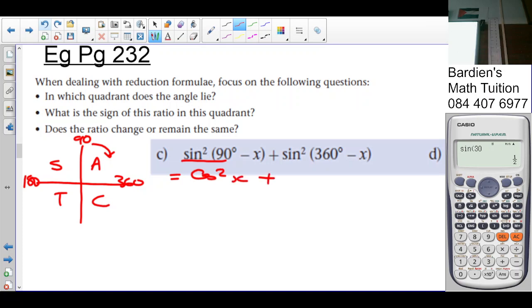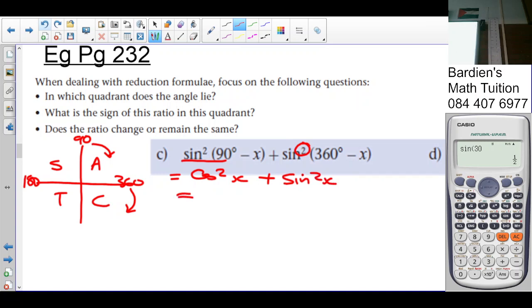360 minus, which quadrant is that in? Fourth quadrant. Is the sign positive or negative? Negative. But because of the square, it remains positive. Did I explain that already? Yes, sir. So it will remain positive, sine squared x.